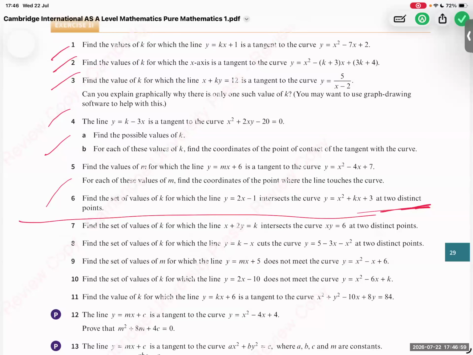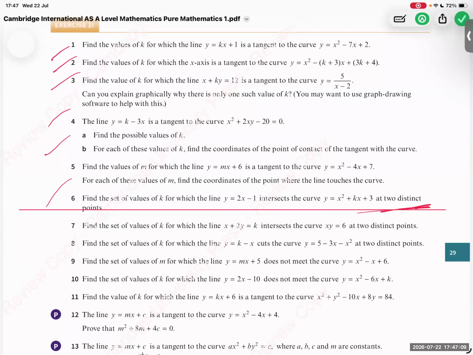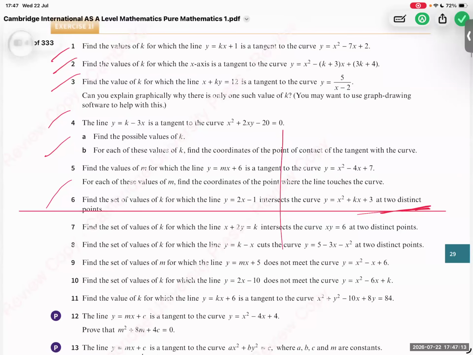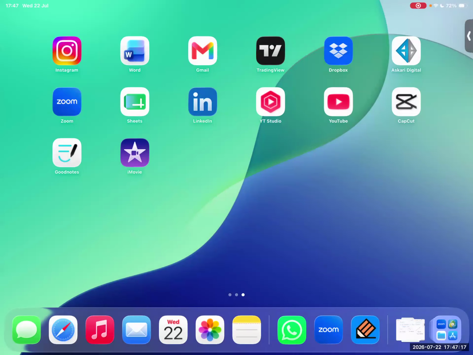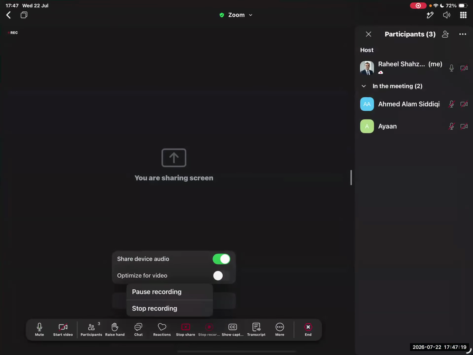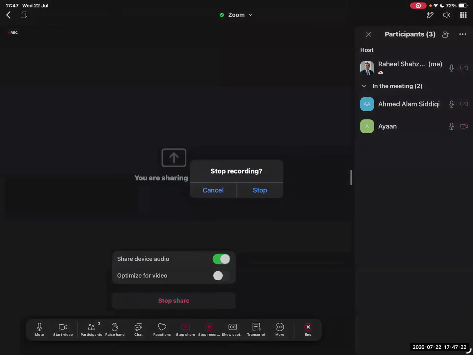These are 6 questions as homework, right? And for Ayan, I'm going to share this book again in the group so that you can have it, or I'll be sharing it with you directly. You try these questions, and you can also try the previous questions from the beginning. Okay? Done? Yes.